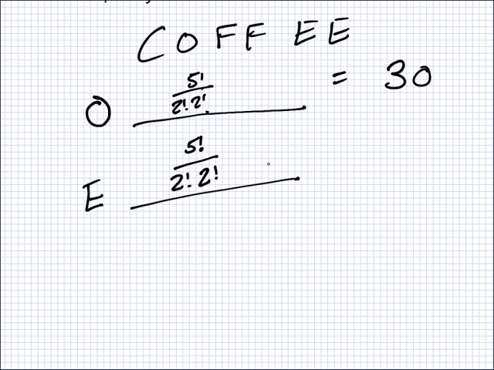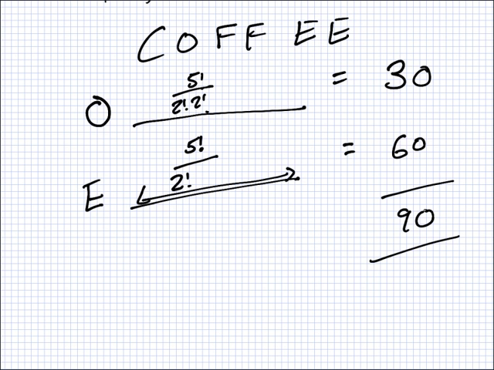No, there's only 1 E which is moving around here. So it's just 2 factorial. So what's that then? 60, is it? Did anybody say 90?